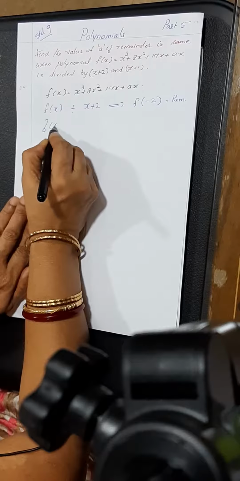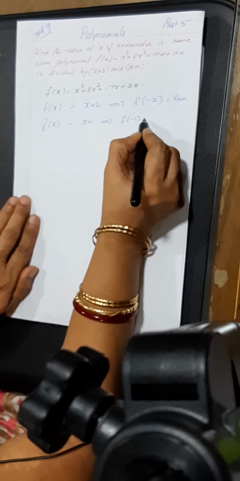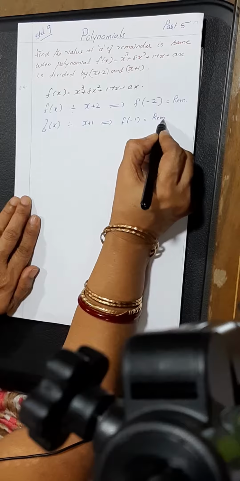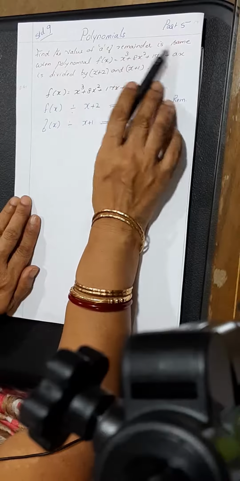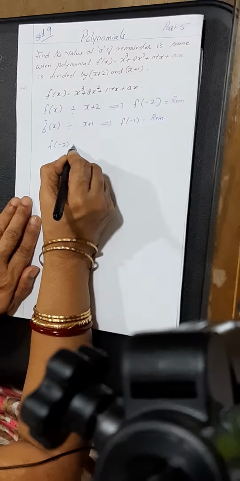Similarly, when f of x is divided by x plus 1, then f of minus 1 is the remainder. It is given the remainders are same. So, that means f of minus 2 is equal to f of minus 1.